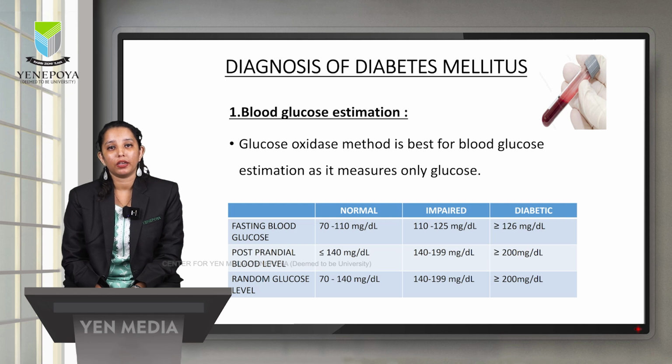A random sample can be collected at any point of the day. The normal level should be within 70 to 140 mg per deciliter, and if it is above 200 mg per deciliter, the person is said to be diabetic, and within 140 to 199 mg per deciliter, it is a pre-diabetic condition.